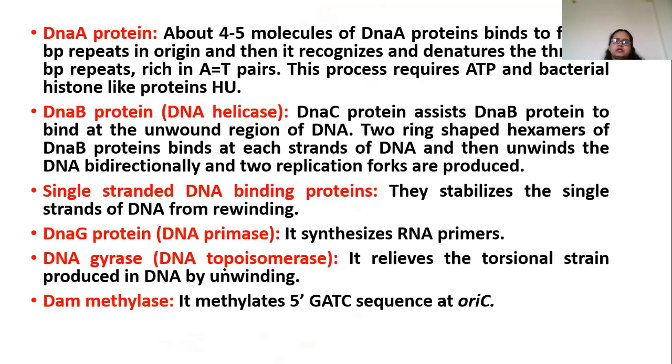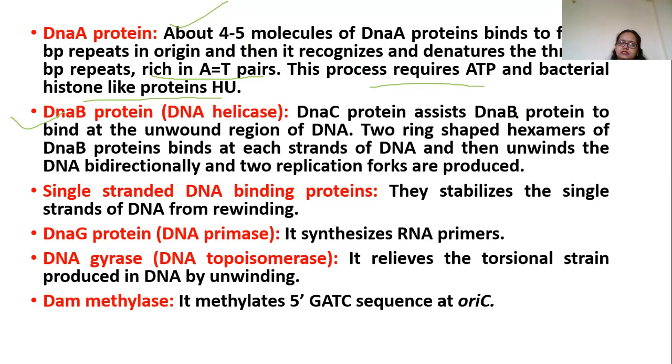Now, we can summarize all the things which I have discussed in the figure here. About 4 to 5 molecules of DnaA protein bind to 4 9 base pair repeats in the origin, and then it recognizes and denatures the 3 13 base pair repeats, reaching 80 pairs. This process requires ATP and the bacterial histone-like protein HU. Now second is DnaB protein, or DNA helicase.